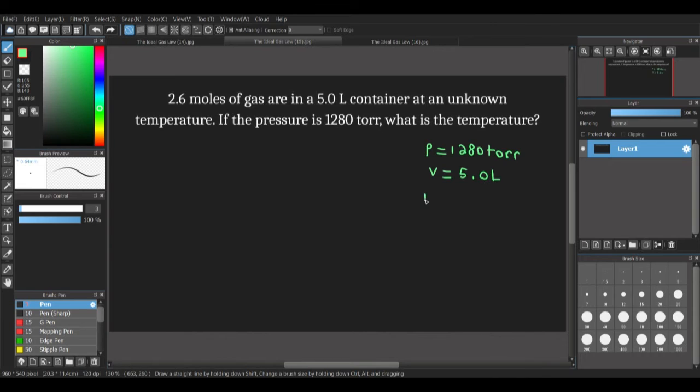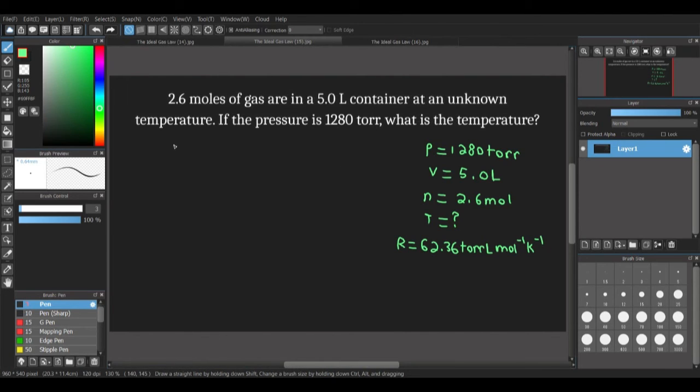And our amount of substance, or N, is equal to 2.6 mole. We're solving for our temperature, but we're still missing something. We need our gas constant, R. And since our pressure is in torr, we're going to use that R is equal to 62.36 torr liters moles to the negative first, Kelvin to the negative first.